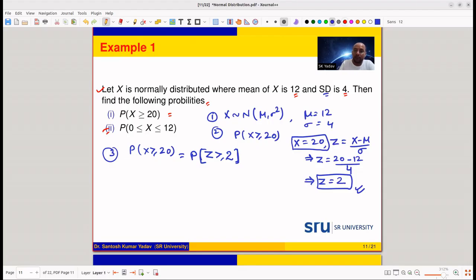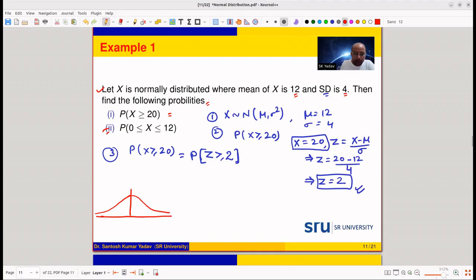Now the fourth step is to draw the normal curve and set the region. So I can make a small rough diagram here. Here is the normal curve. Remember that the y-axis represents probability, and this probability cannot be negative, so no portion of the curve should come below the x-axis.